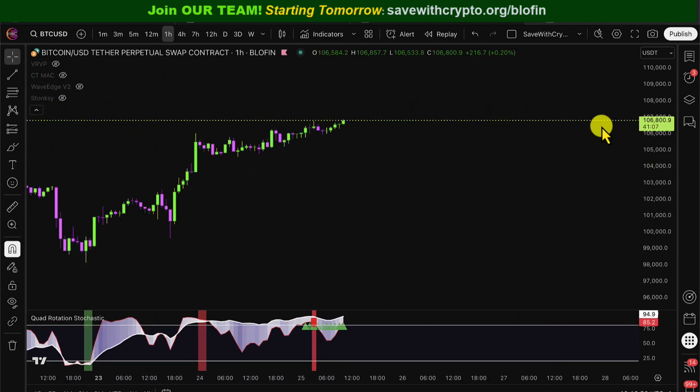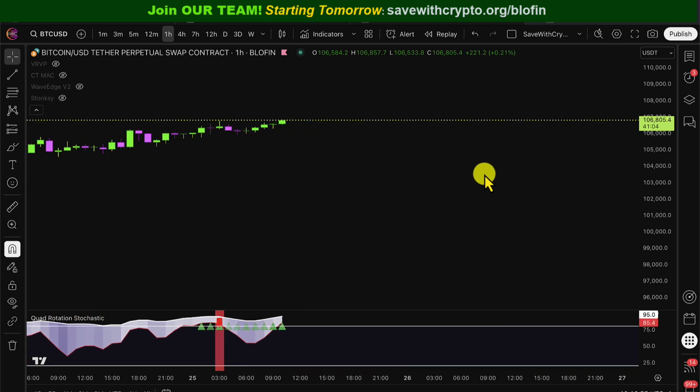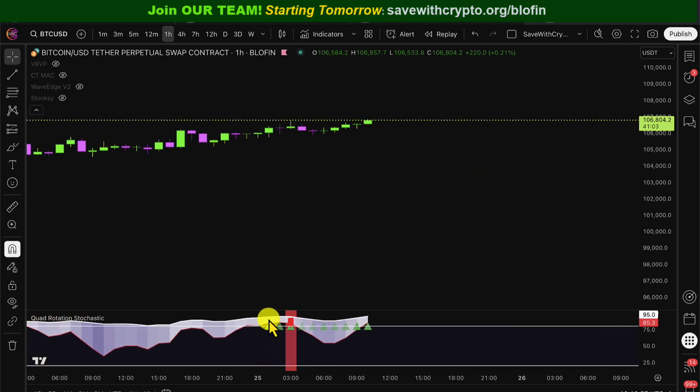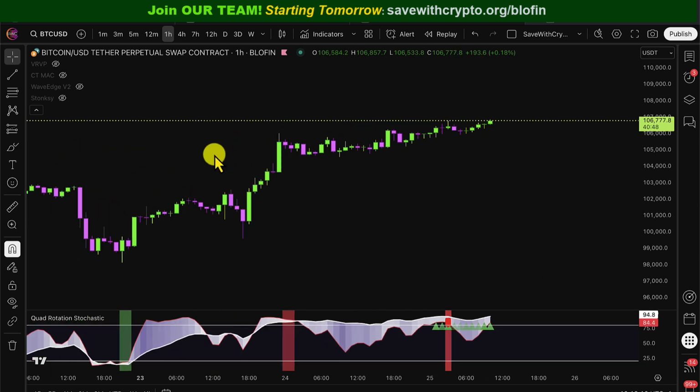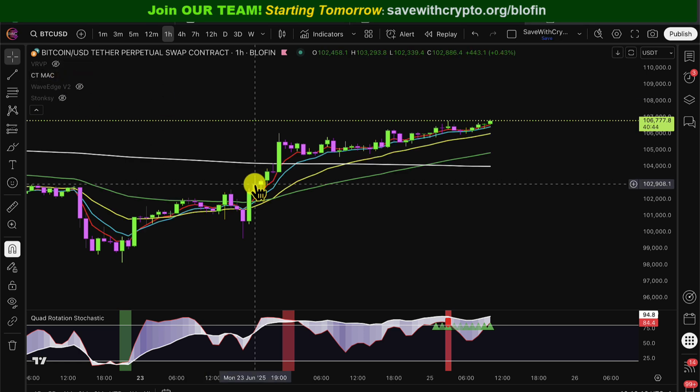So how's it looking at the moment? Well, on the 1 hour time frame here, we've got this long line of these trend shields, indicating that although the price should be reversing any moment now, it's not. It's still going to the upside, and you can see that if you look at the moving averages here.